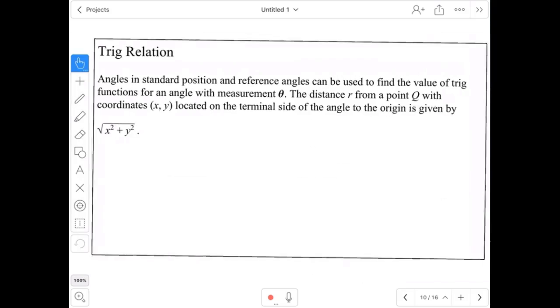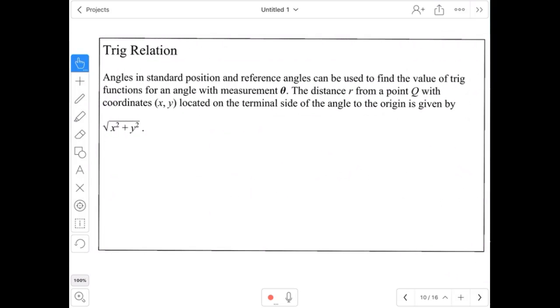Okay, so let's throw a little bit of trigonometry in here. Angles in standard position and reference angles can be used to find the value of trig functions for an angle with measurement theta. The distance r from a point Q with coordinates x, y located on the terminal side of the angle to the origin is given by the square root of x squared plus y squared.